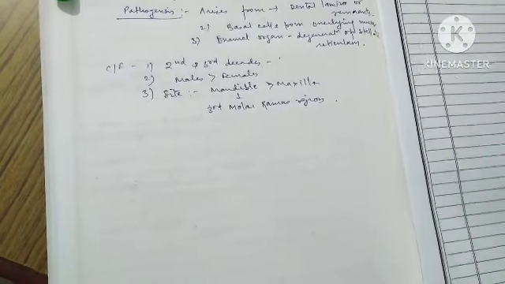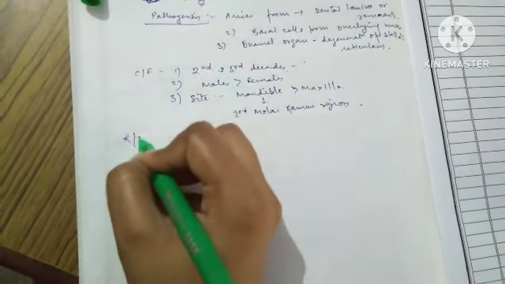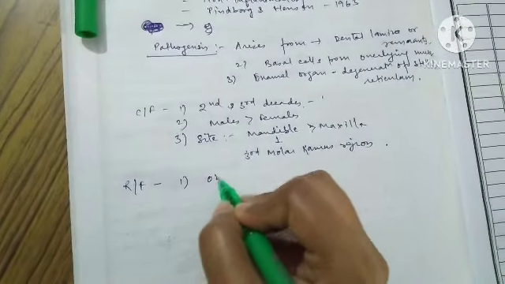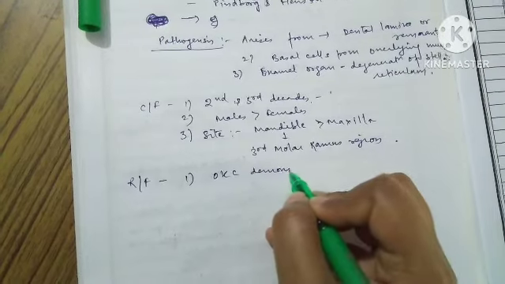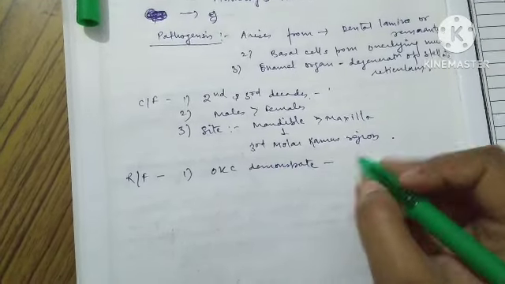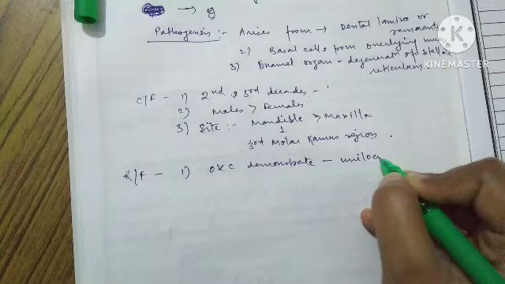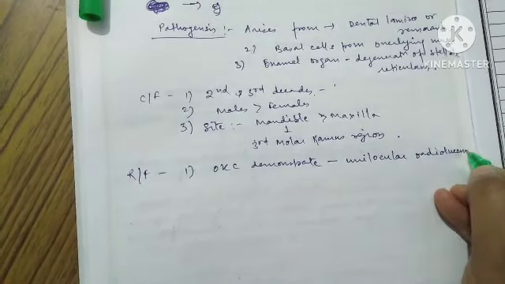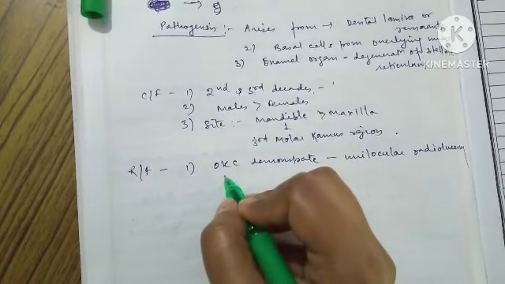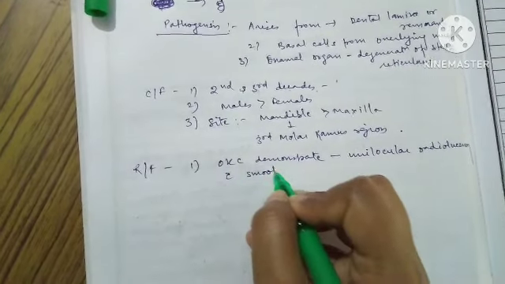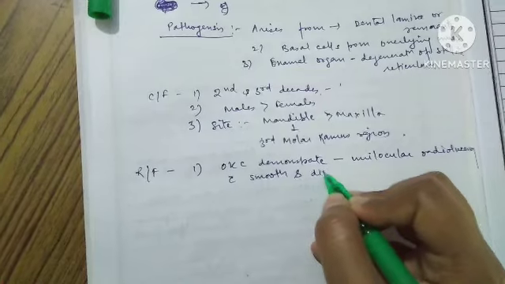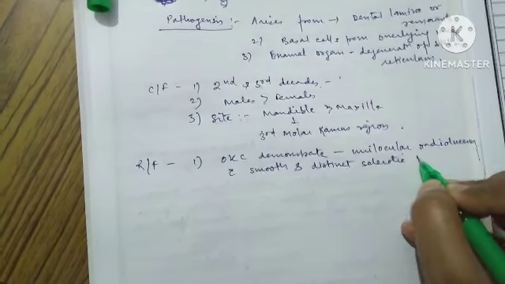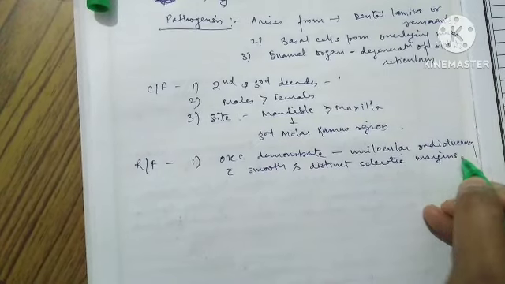Okay, so radiographic features: it's unilocular, right? OKC demonstrates unilocular radiolucency with smooth and distinct sclerotic margins, right?